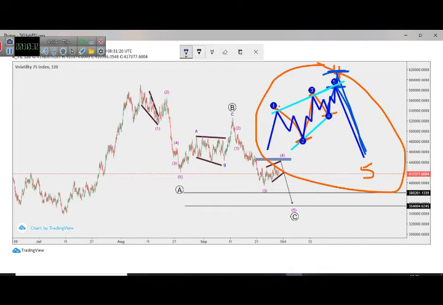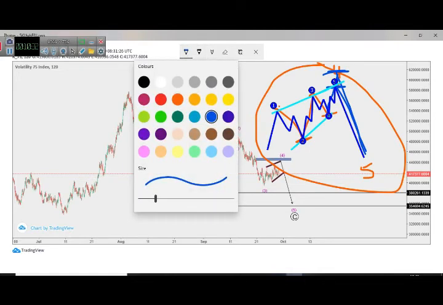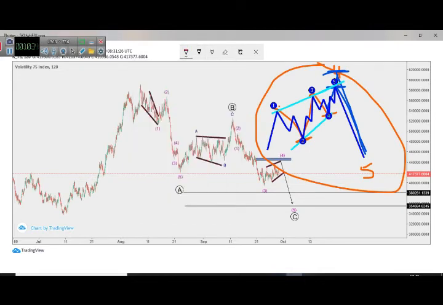However, if ever the reversal happens, there's one thing you should note. The length of wave 3 here cannot be broken by the length of wave 5.